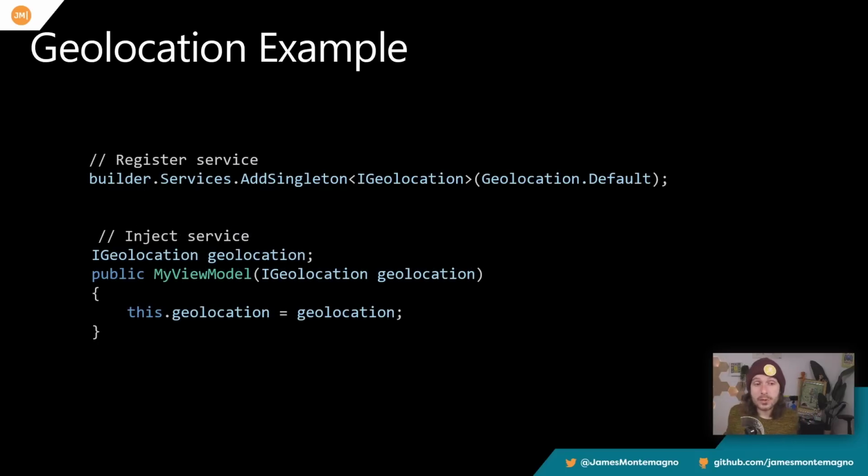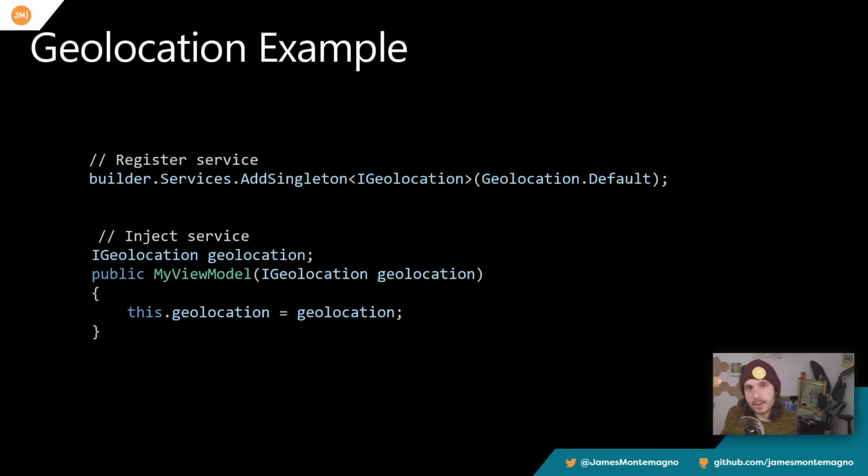For example, you can register the geolocation service with an interface. If you wanted to inject that into your view model, or your code behind, if you will, .NET MAUI will handle that entire process for you.